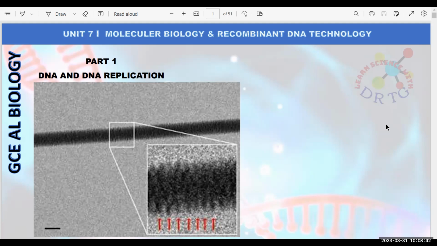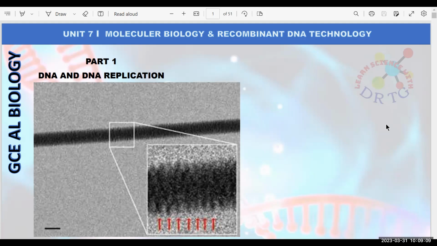Just like if we have a book, we have to make the same book without making any errors in the words. We have to copy the exact same book without making errors in the words or without changing the pages. So we can't make errors. So DNA replication is a very complex process. So we're going to learn in the first part, DNA molecule and replication.